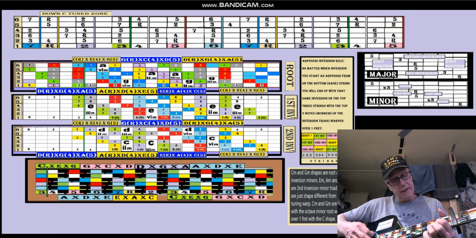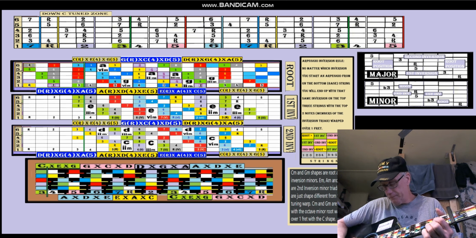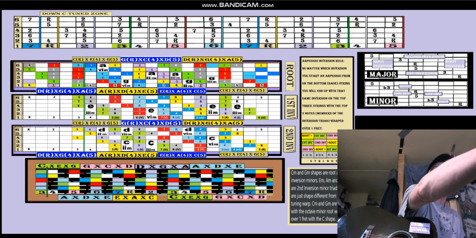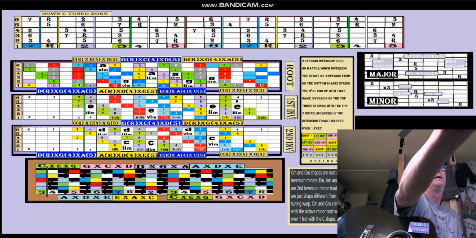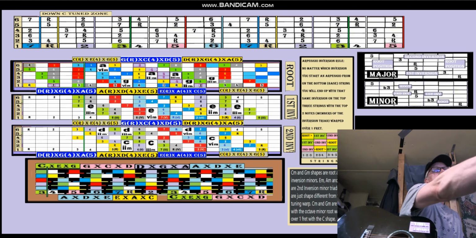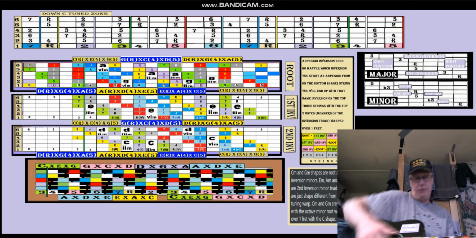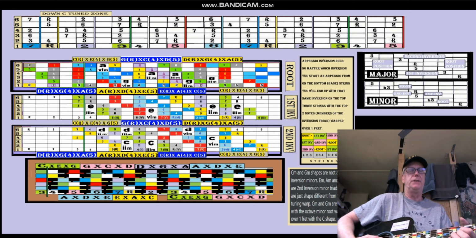I think I caught that bottom string there. That's a low A, and if you're playing a D, it's not bad. It's just doubling the 5th. So you want to use that instead of strumming.